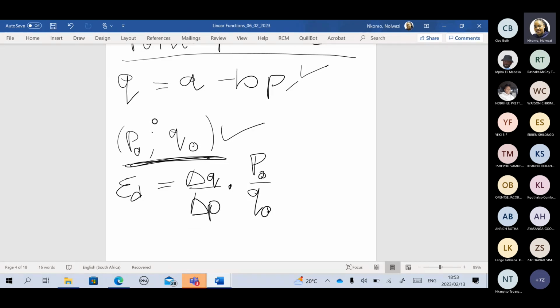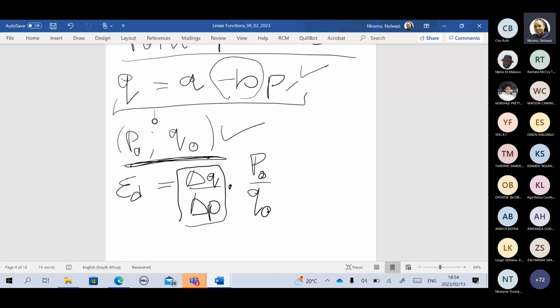And we said this is our slope, right? If we are given this general equation, then the slope is minus B, right?